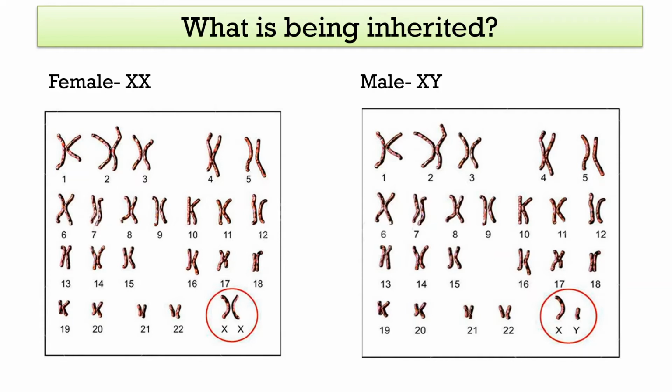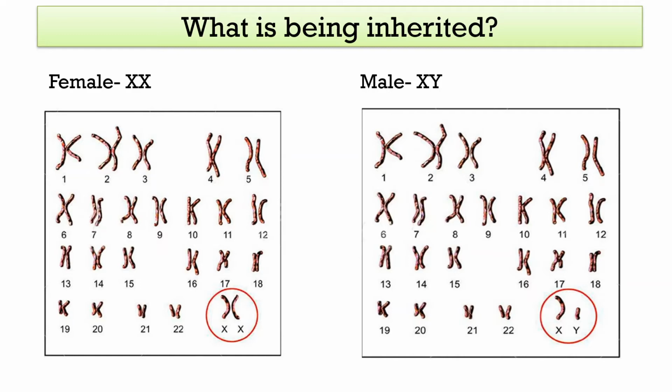And remember, these are the chromosomes in normal bodily cells. But when we talk about inheriting things, we're not interested in normal bodily cells, because when a baby is formed, when the egg and sperm fuse together to form a zygote, we're talking about gametes. Egg and sperm cells are gametes, and they are haploid.